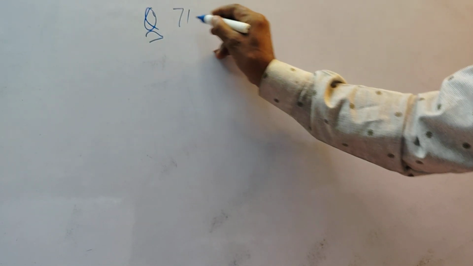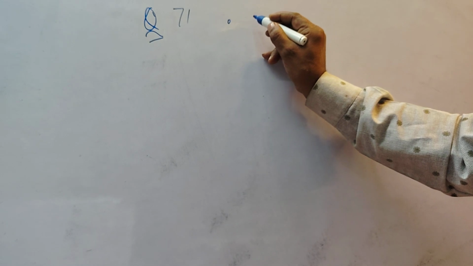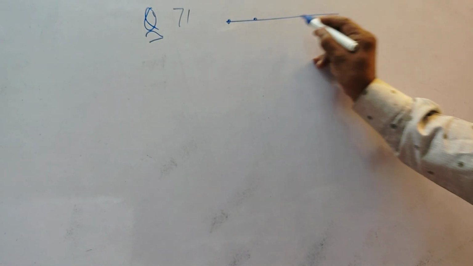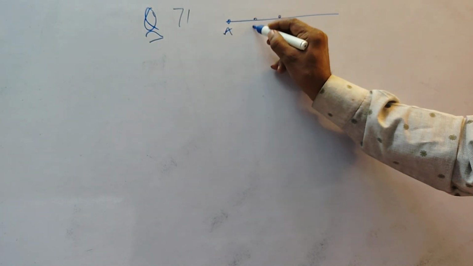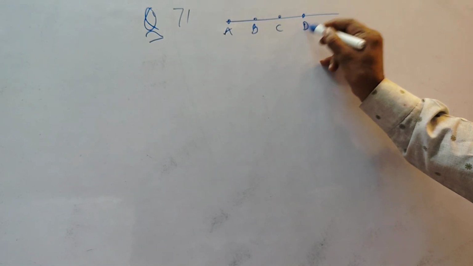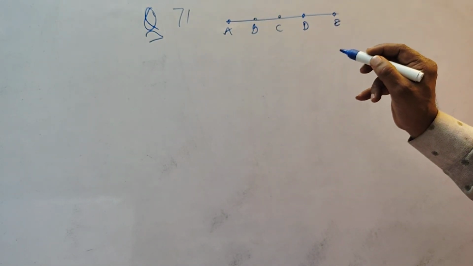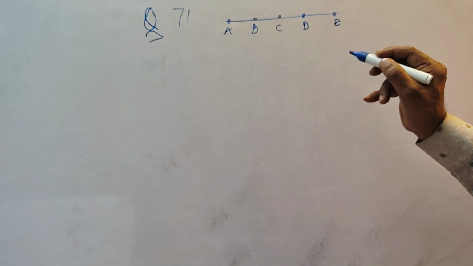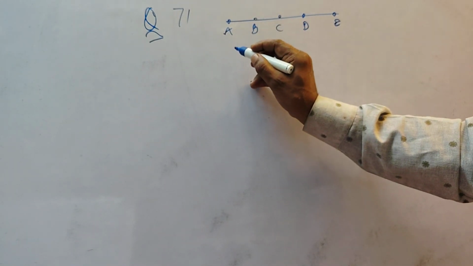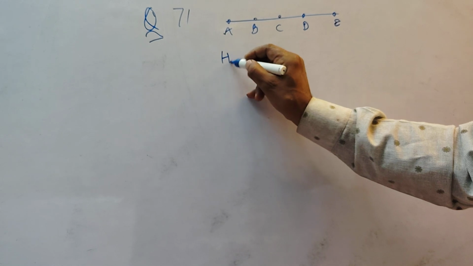Next, question number 71. There is another figure where 5 points are given: A, B, C, D, E. Question 71 is how many points are marked? Name them.